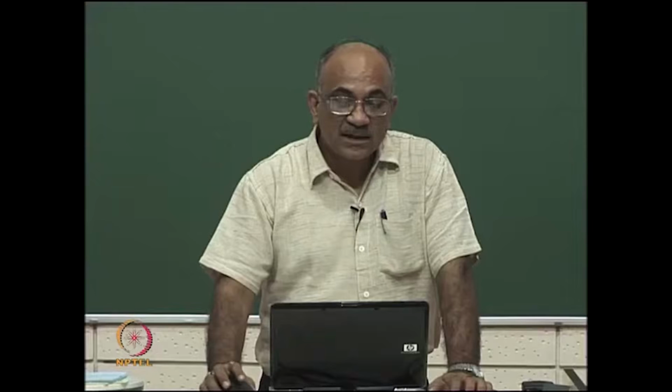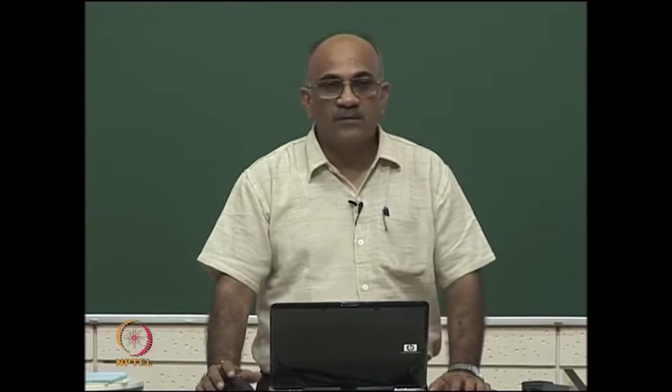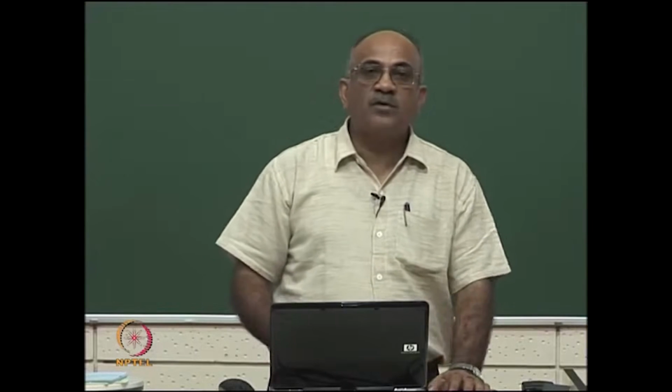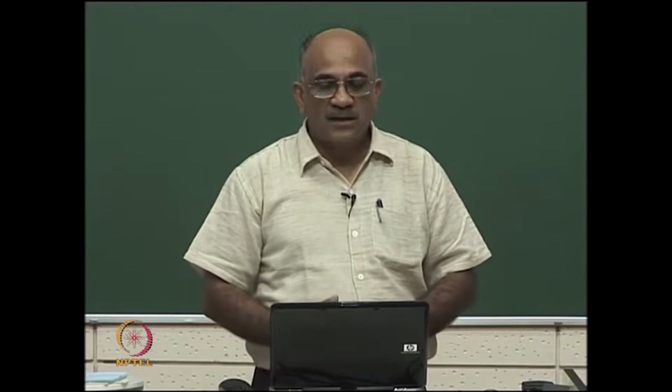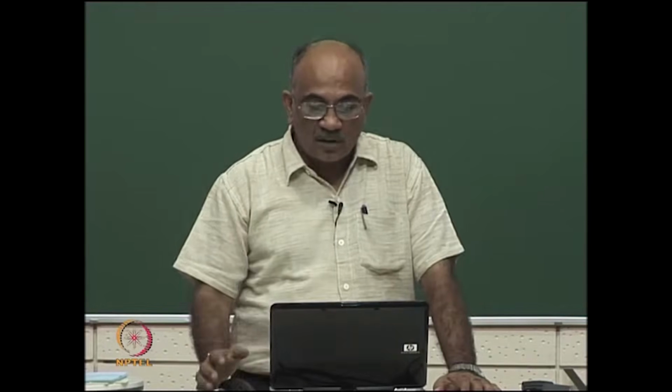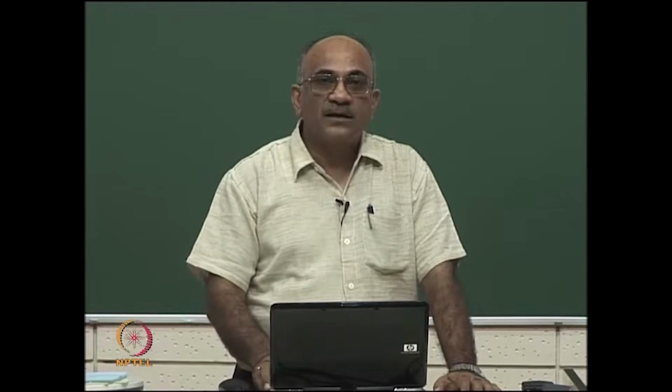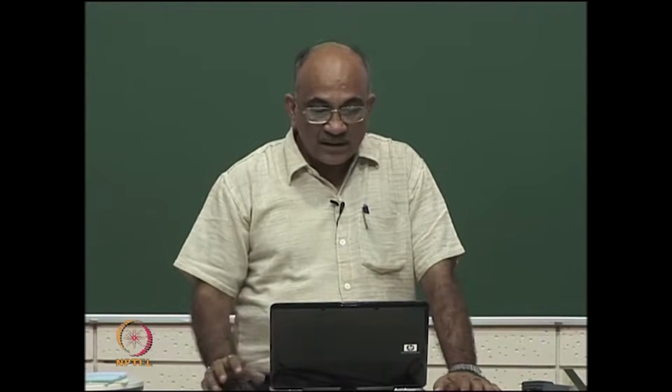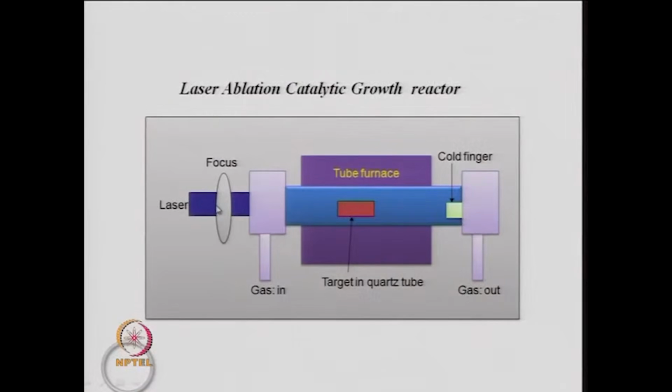So, the catalyst is always some metal particles which have been removed from the substrate using a laser, and this is a common method nowadays to make nanowires. This is the setup which you use for the laser ablation technique. So, you have a furnace and you have your material on which the laser has to be focused.